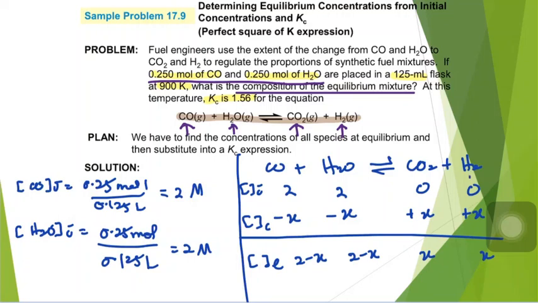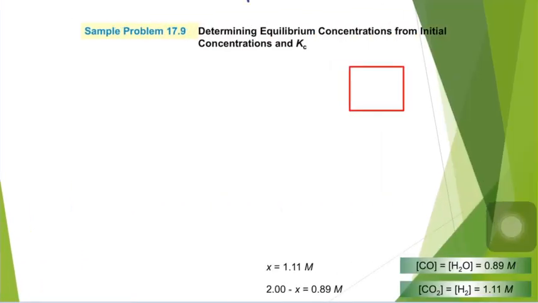So we have to know the concentrations of H2, CO2, H2O and CO at equilibrium. Therefore, we have to solve for our X value first. How to solve X is by using the Kc that is given.